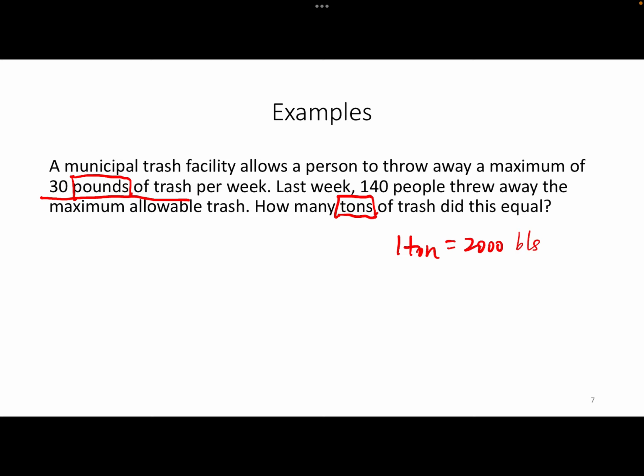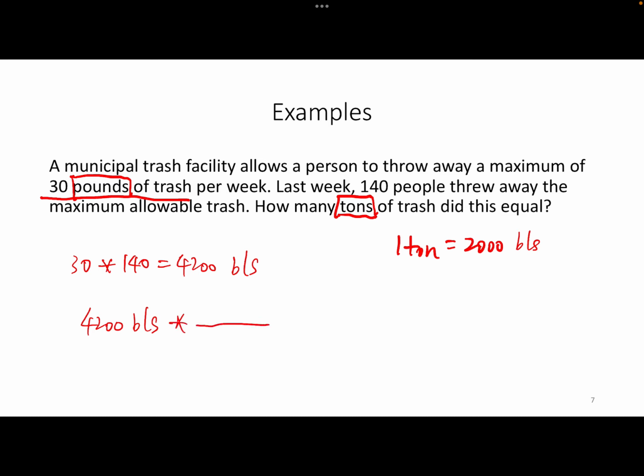All right. So how many pounds of trash are we talking about here? 30 pounds per week per person, right? Times 140 people who threw away the maximum allowable trash. So that equals 4,200 pounds of trash. And then that's equivalent to how many tons? So we want to convert 4,200 pounds.